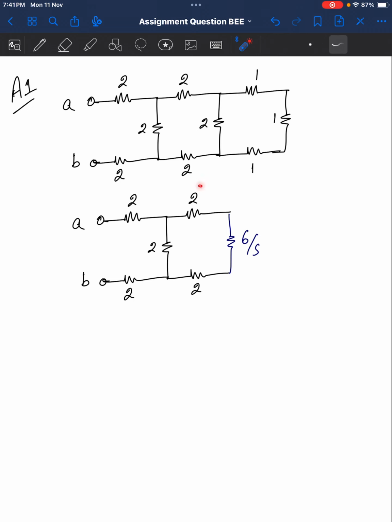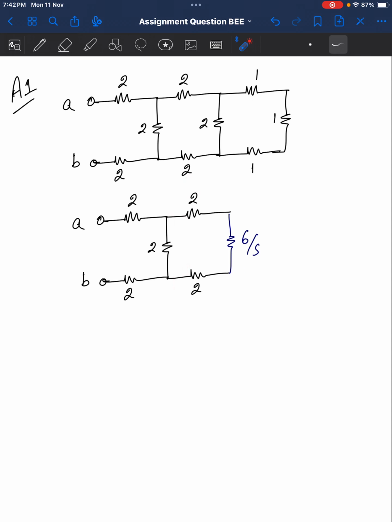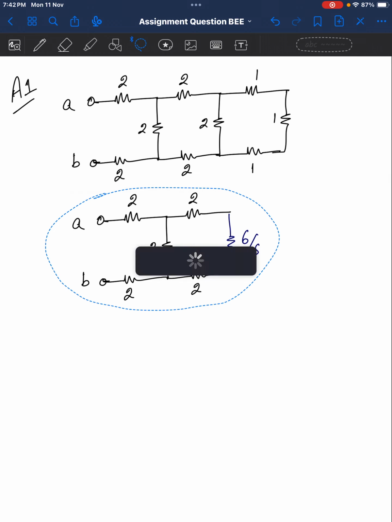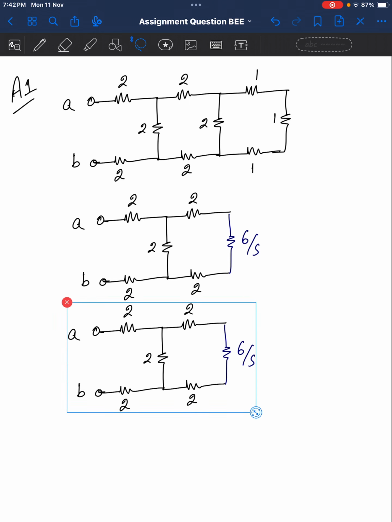Again, now we can see that these three are in series. If these three are in series, we have to add them. So let me just redraw once more and paste it over here.